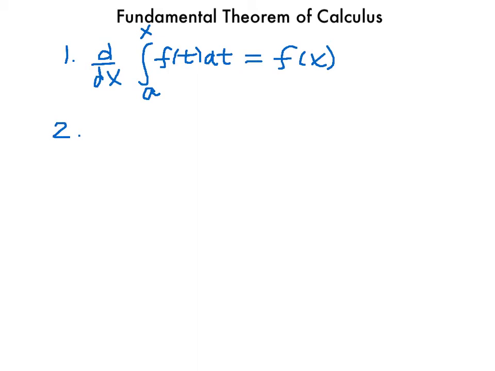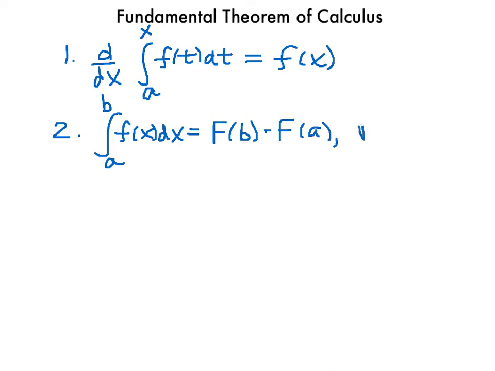The second part, which is what we use to find areas, tells us that the definite integral from A to B of f of x dx is equal to big F of B minus big F of A, under the condition that the derivative of big F is equal to little f.